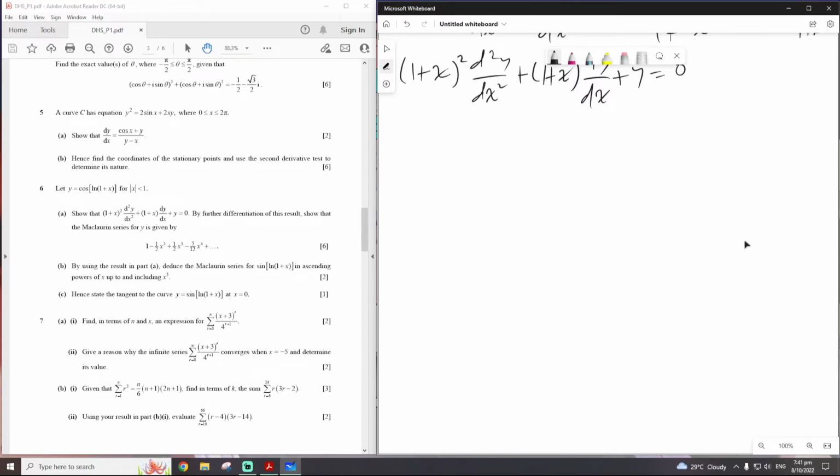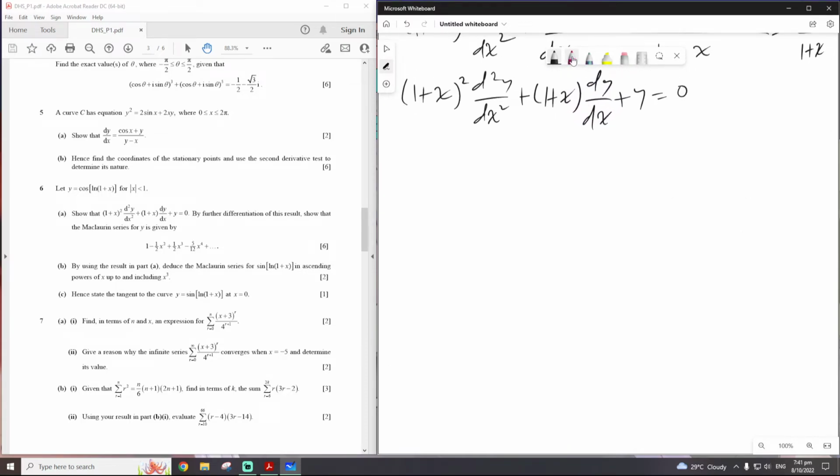So we'll make use of this result and differentiate further. Okay, so we're going to differentiate both sides with respect to x, and we're going to do this twice because we want the fourth derivative to get the power 4 term.